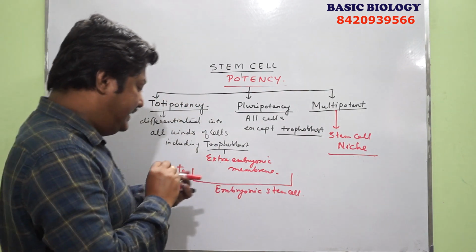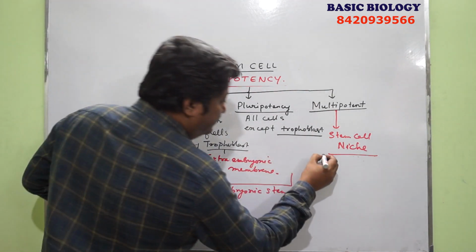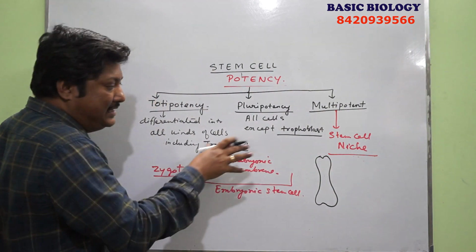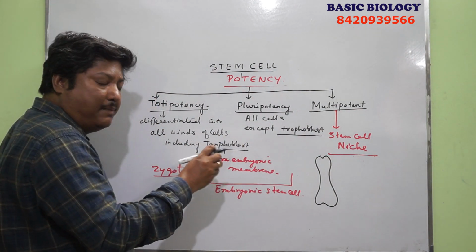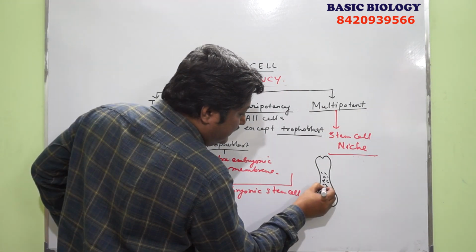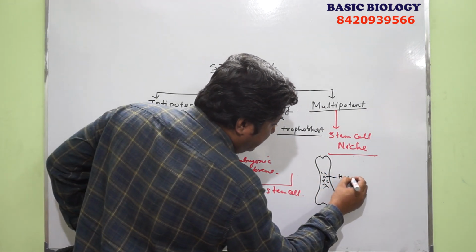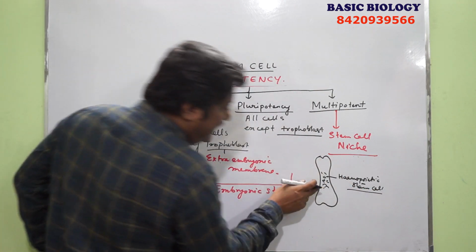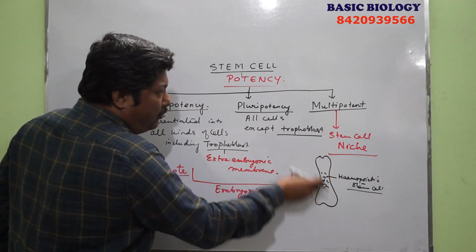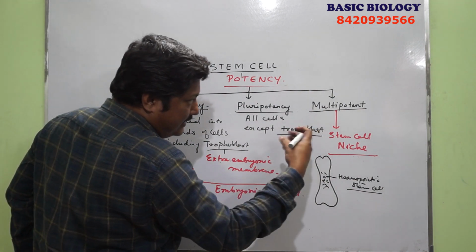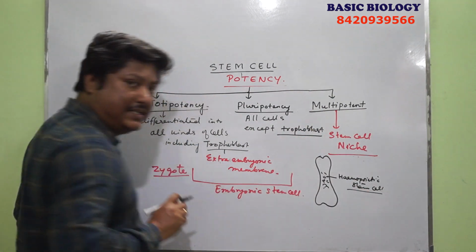For example, you can say the bone marrow. Bone marrow is the region where multipotent stem cells are present. For example, the hemopoietic stem cell. These stem cells are located within the bone marrow region. So bone marrow is the stem cell niche of the hemopoietic stem cell.